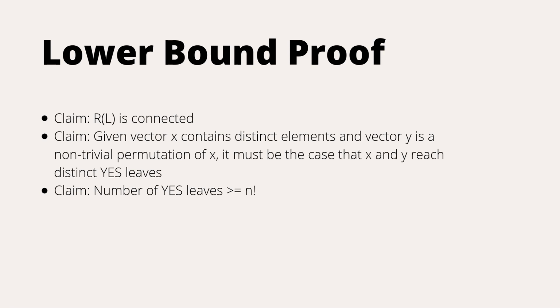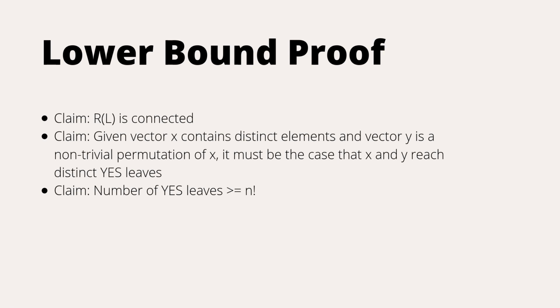Here is our roadmap for this proof. We will first show that the region of L is connected. So any region that leads to this leaf L, that's a yes leaf, is connected.